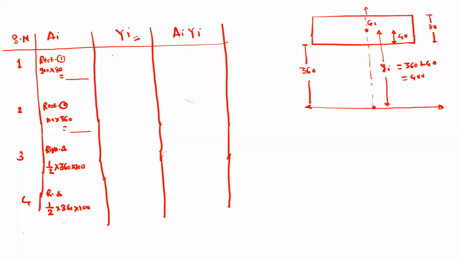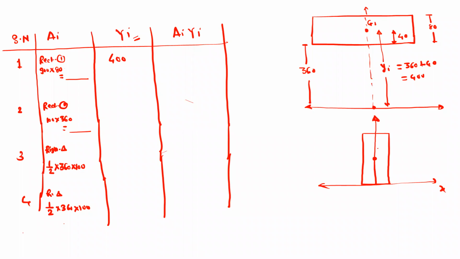So you can write here this is 400. For rectangle 2, this is the rectangle 2. This is the x-axis and this is the y-axis.